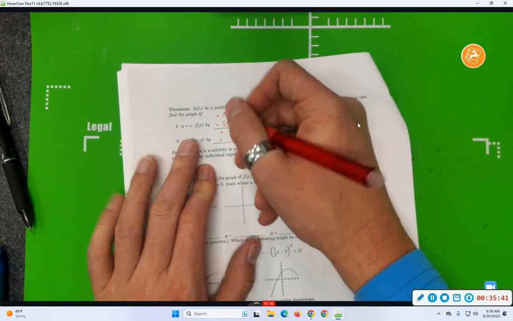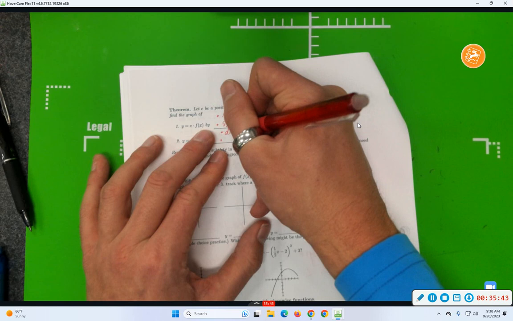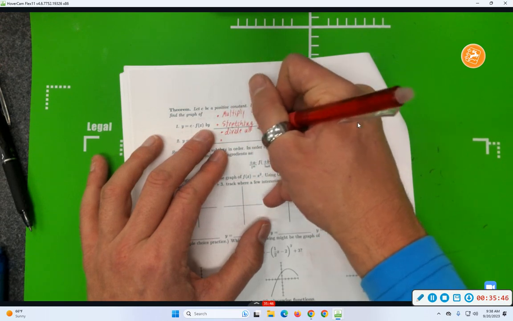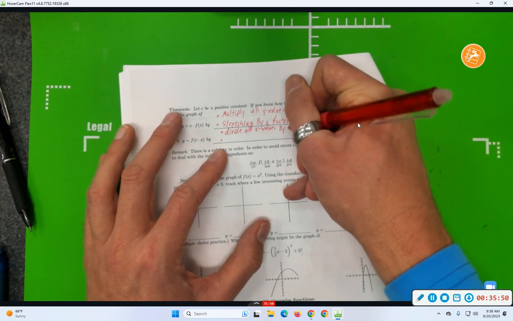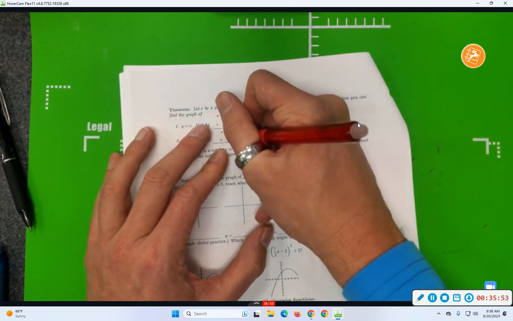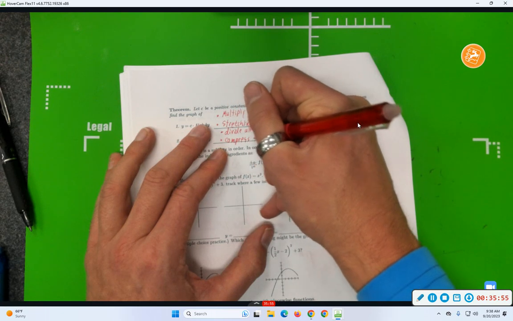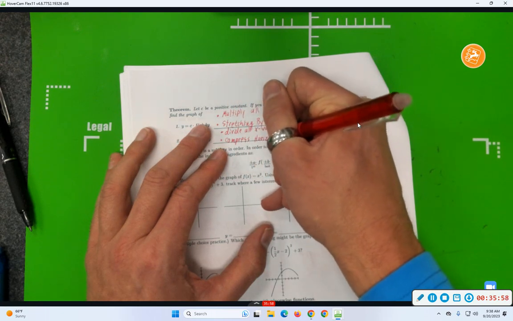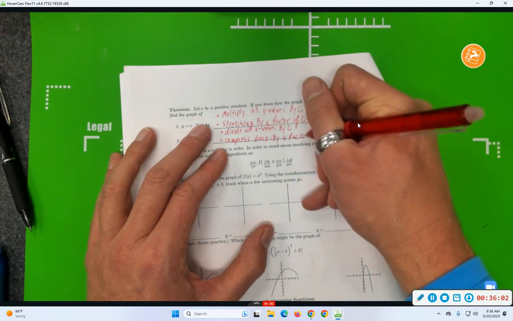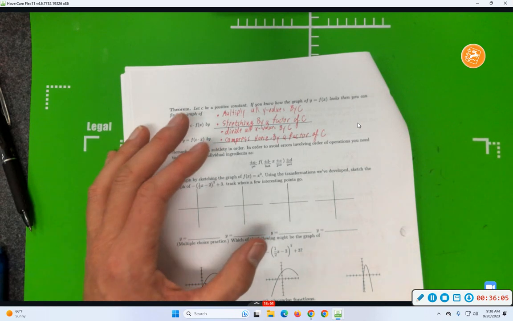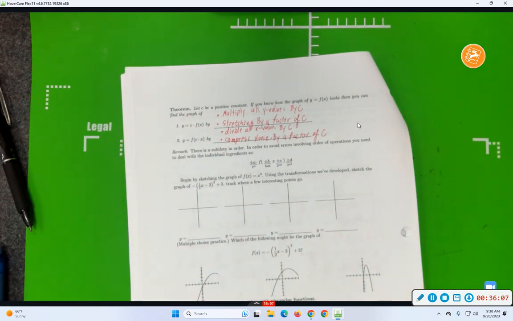If you want the graph of f of c times x, you will divide all x values by c, or you will compress horizontally by a factor of c. And hopefully that agrees with what the previous page said, and what the little Desmos interactive showed.